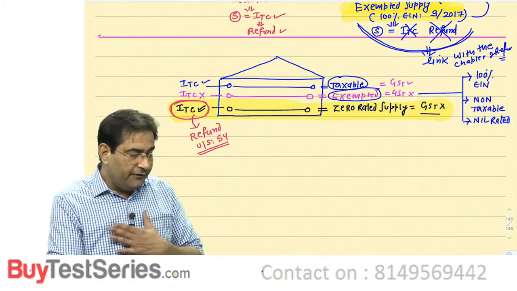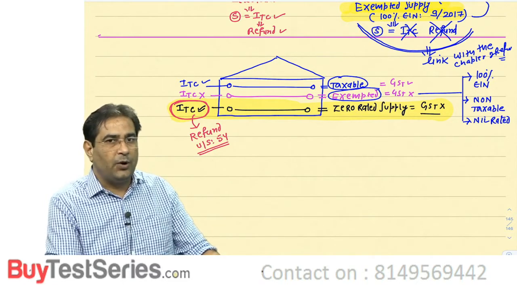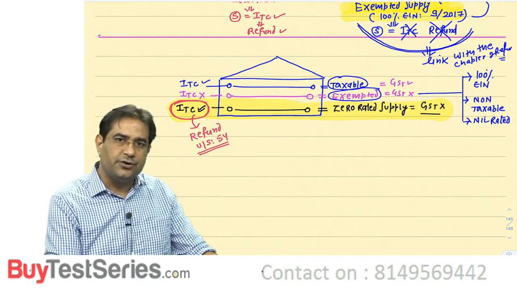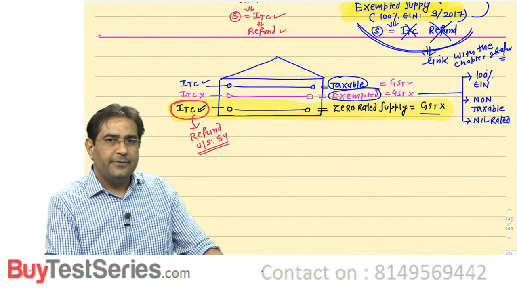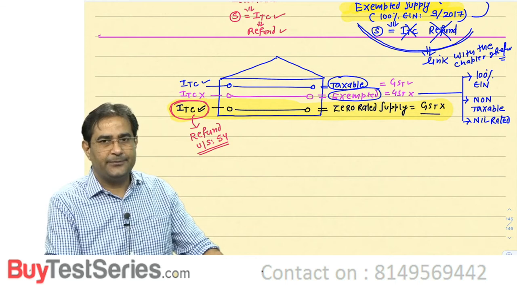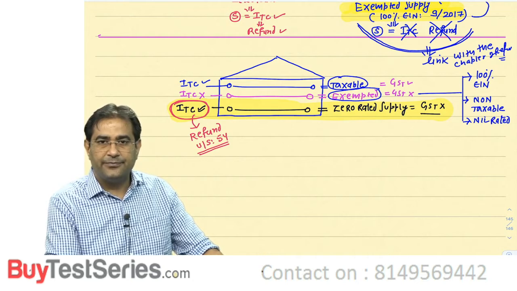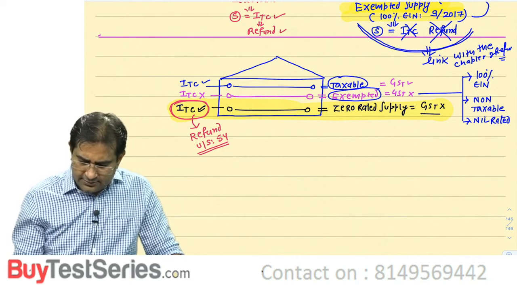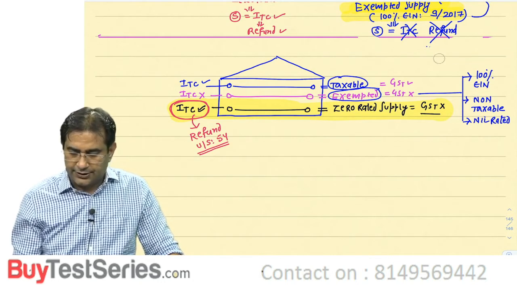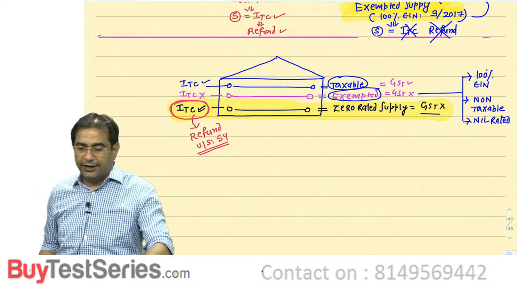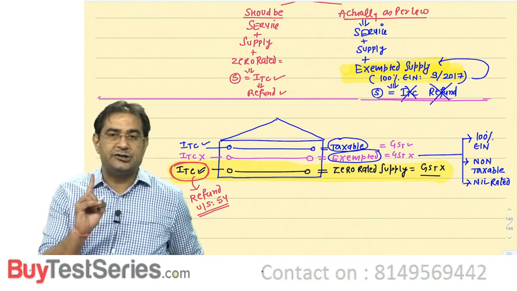If I make a supply of taxable goods or services abroad, it becomes zero rated. The question is this: when we are engaged in exporting exempted supply, whether it can be considered as zero rated or not. So don't wait till the chapter of refund, I would like to answer here only. Earlier the position was no ITC, no refund, but later on the government inserted an explanation.